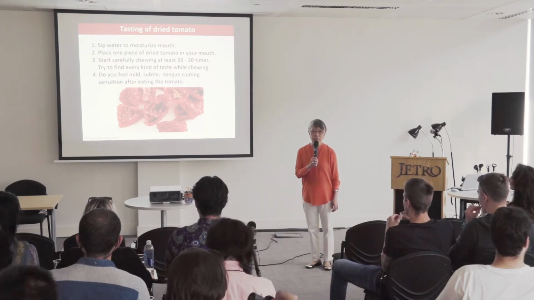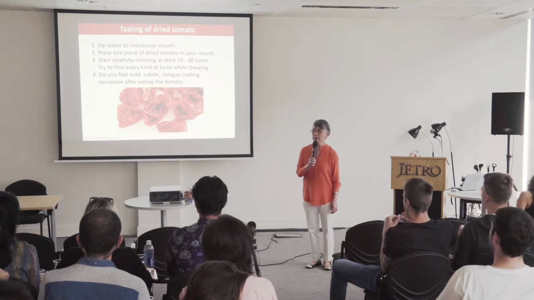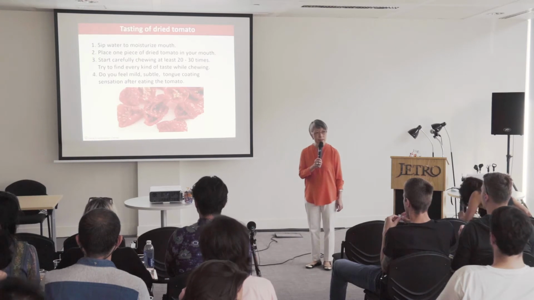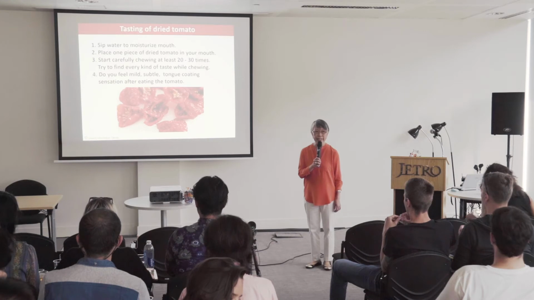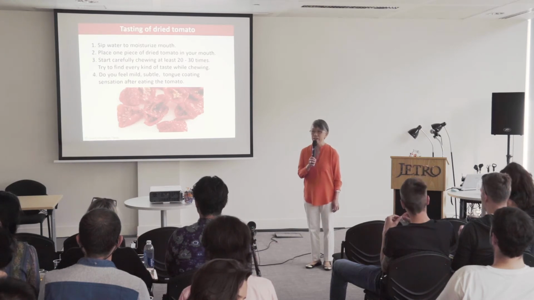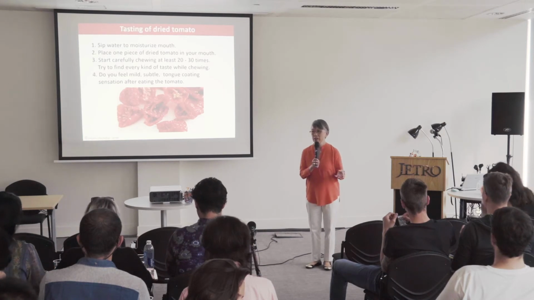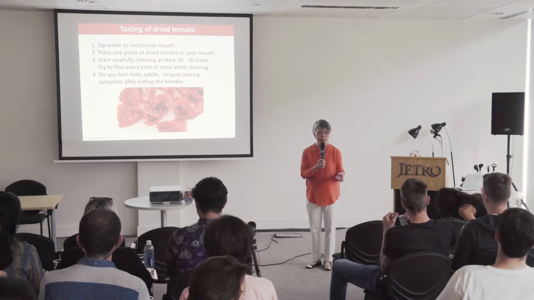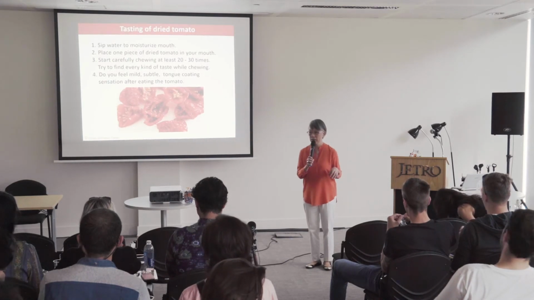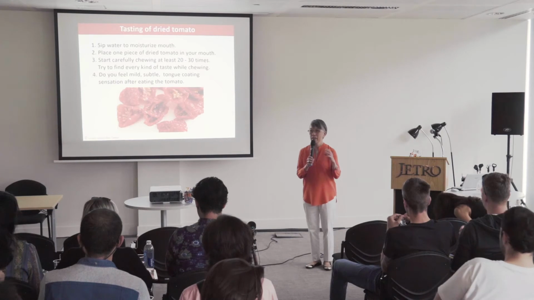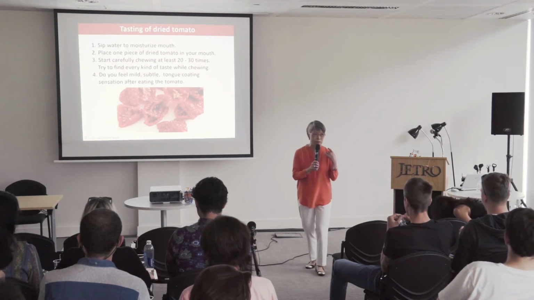In the tomato, there are a variety of amino acids, and also sweet taste, bitter taste, or sour taste. So please try to find any kind of taste in the dried tomato. While you are chewing the tomato, the taste components in the tomato are extracted in your mouth and mixed together with saliva, and the taste components reach the taste receptors.